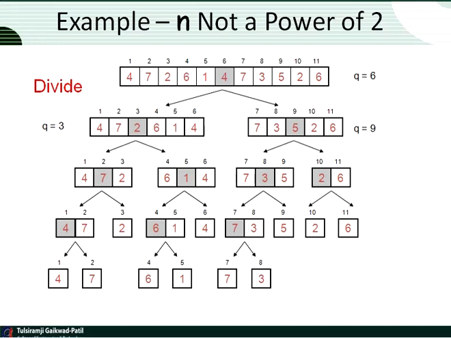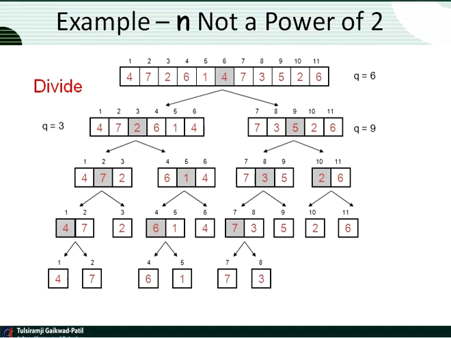Then again on the right hand side the same thing is there. 3 and 2 elements we have divided, and now 2 and 1. After that we have to break the complete list of elements until all the elements are divided as separate single elements. No further divisions are possible.